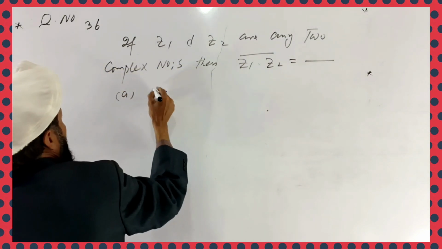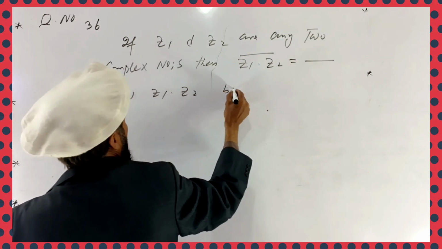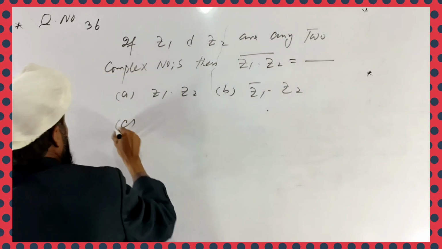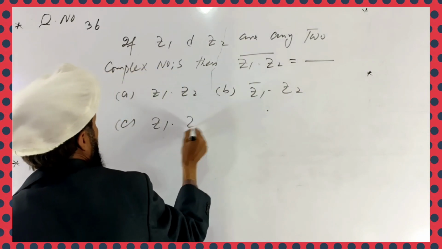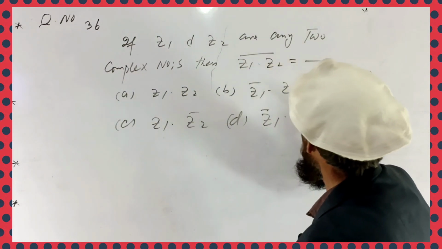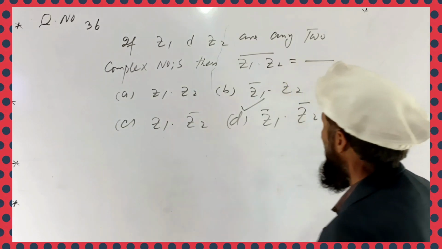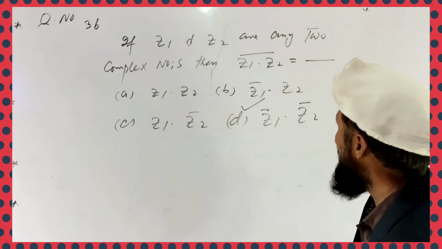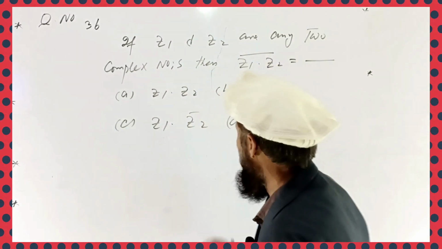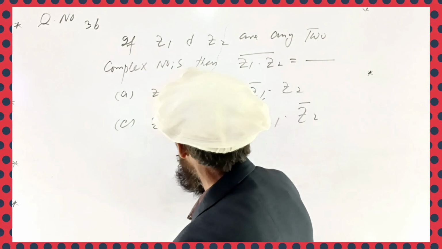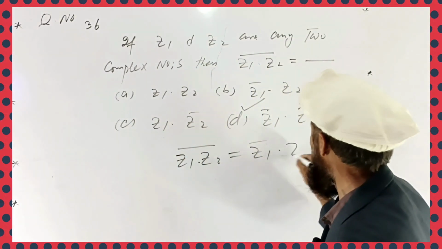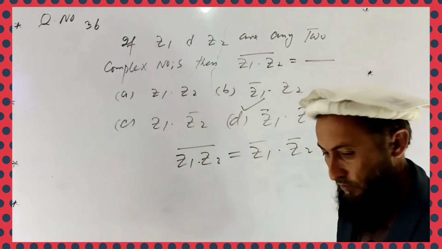Options: Z1, Z2, C Z1 and Z2, D Z1 conjugate and Z2 conjugate. Correct answer is D. Because this is the property. In case of multiplication, we can write the conjugate of Z1 Z2 individually in the form of Z1 conjugate and Z2 conjugate.